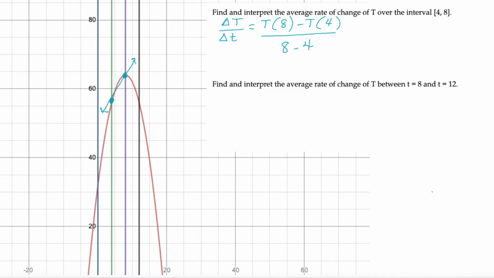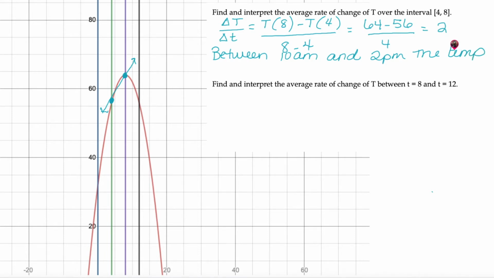And we just so happen to have found that on the previous page. So 64 minus 56 was the evaluated points, over 4. This is 2. What does this tell us then? What is the interpretation? So between 10 a.m. and 2 p.m., the temperature increases, because it's a positive 2, and our slope is positive, on average.